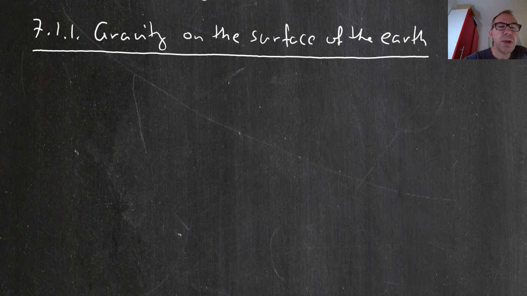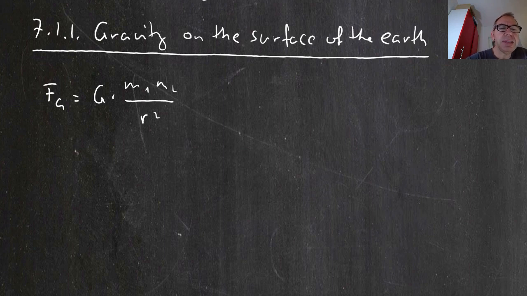So we have now seen Newton's law of gravity, G times m1 m2 over r squared. And on the Earth, we have also seen in a former lesson that this can be written as m times g. Basically these two laws are the same thing.